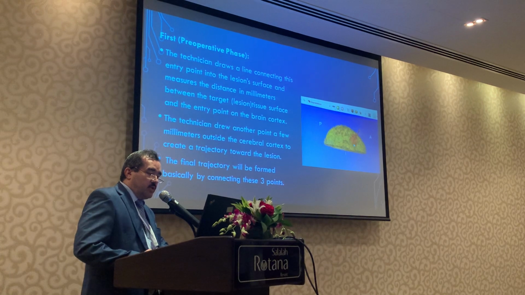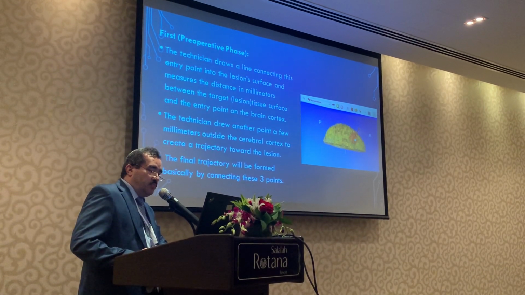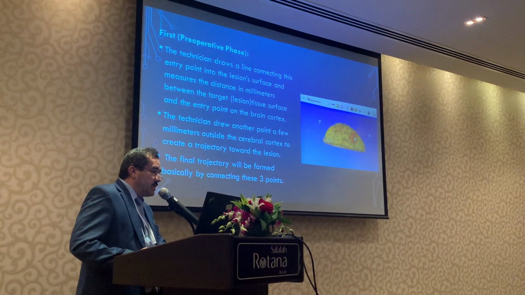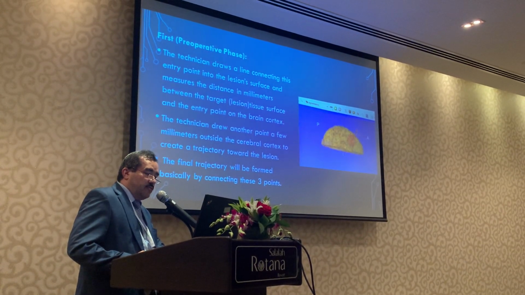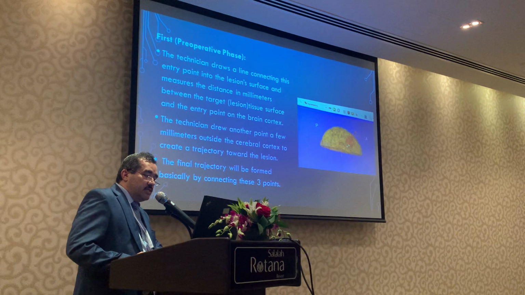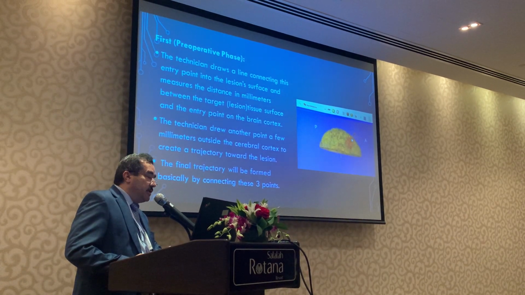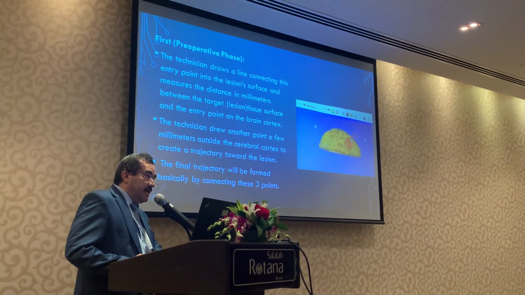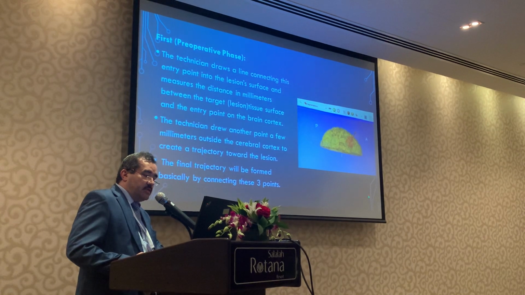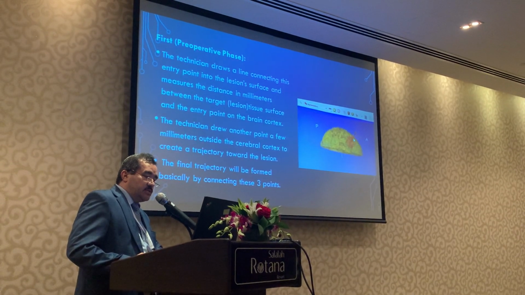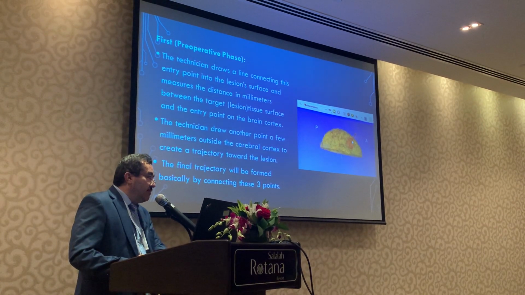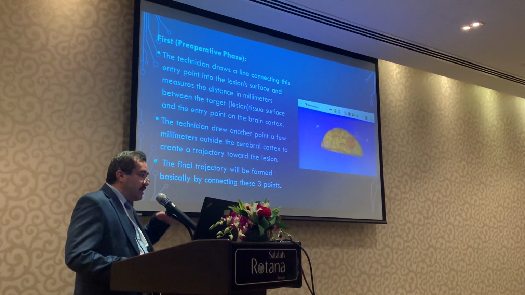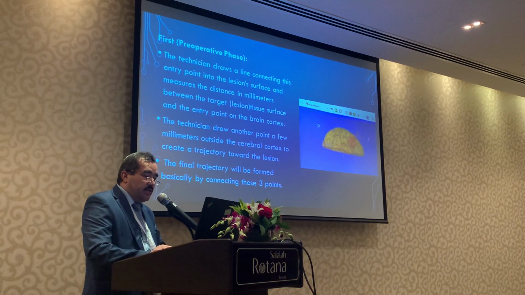We draw a point at the surface of the tumor and draw a line from the surface of the tumor to the entry point, and then create another point outside in the space and connect these three points. By connecting these three points, we have a trajectory, a passage towards the tumor mass.